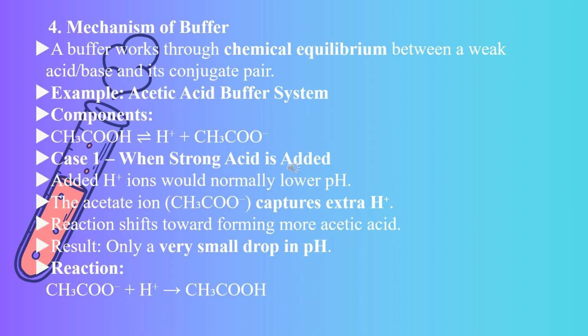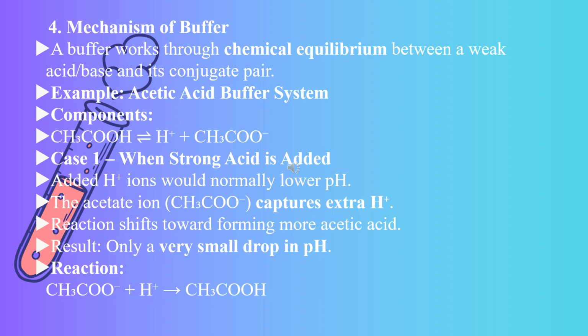The fourth point is the mechanism of buffers, like how buffers work. So we took the example of the acetic acid buffer system, which is an example of acidic buffers. Case one: whenever a strong acid is added, like a proton is added in the solution, it will automatically lower the pH of the solution.